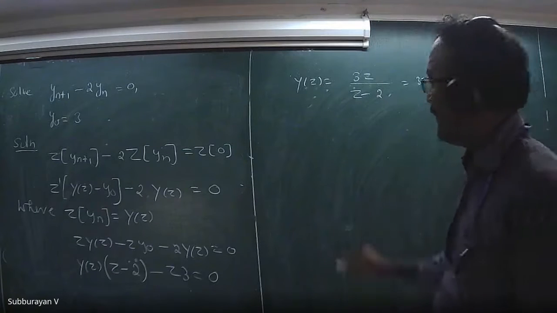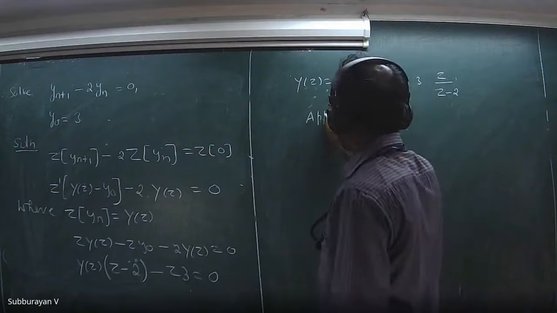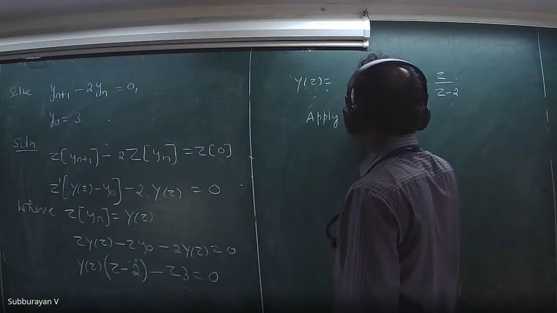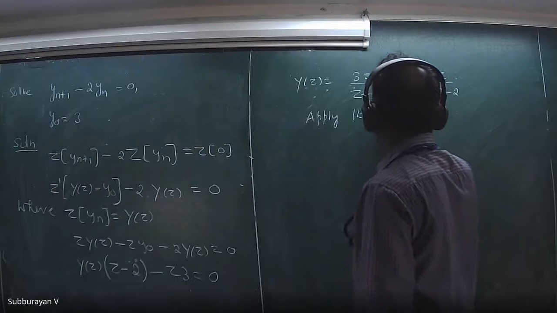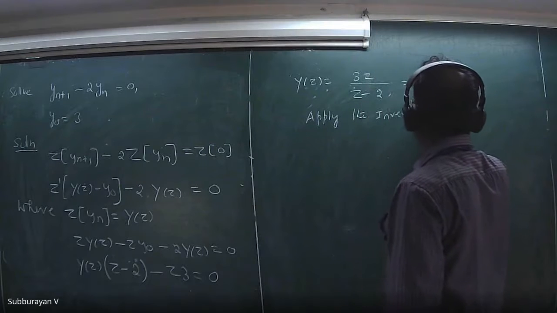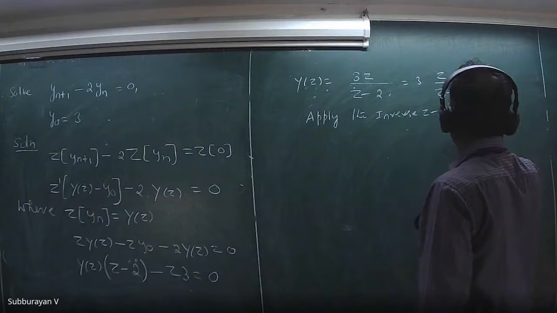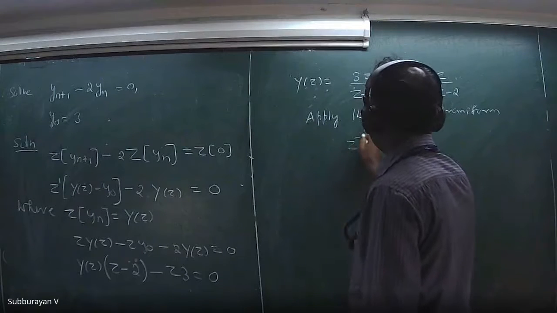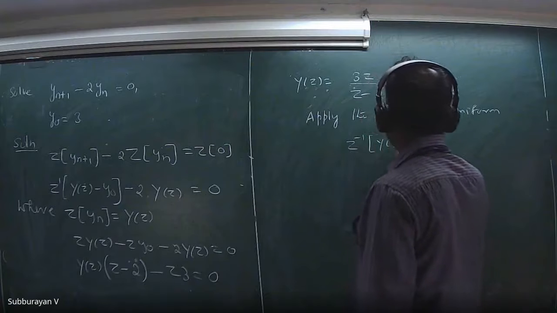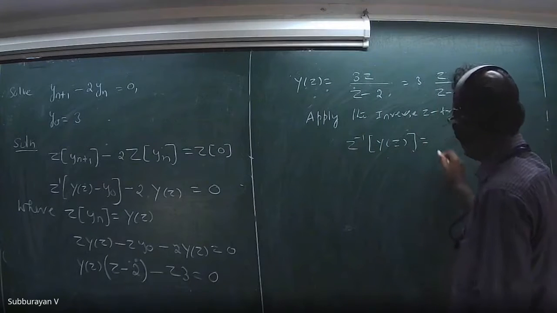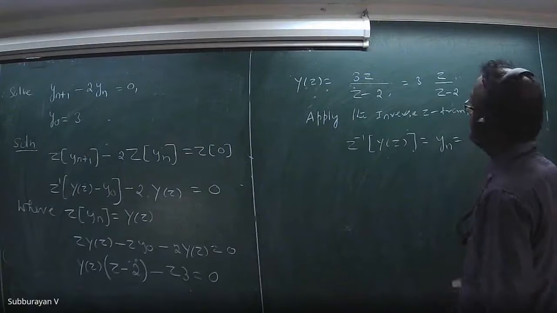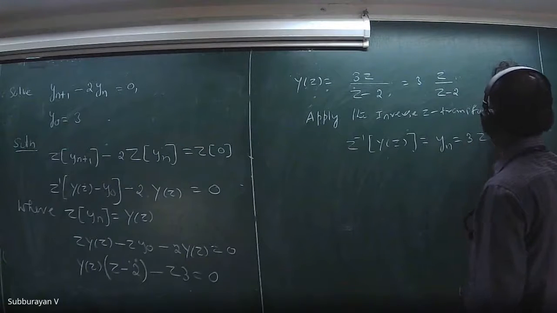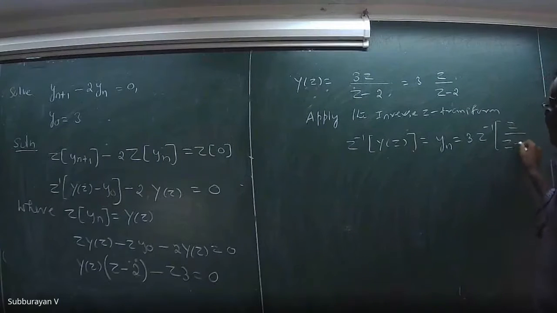See, therefore apply the inverse z transform. Z inverse of Y(z) equals y(n), that is equal to 3 times z inverse of z divided by z minus 2.